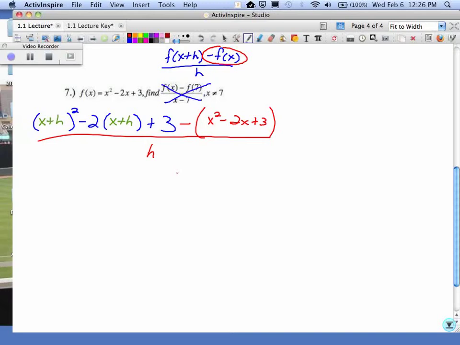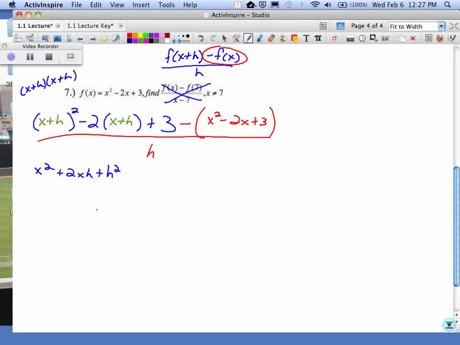So off to the side, you might be taking x plus h and write it out as x plus h times x plus h. X times x is x squared. X times h in the middle, x times h on the outside, so you have 2xh and then h squared.